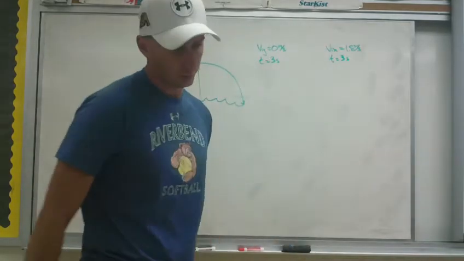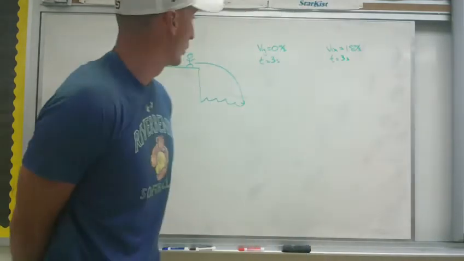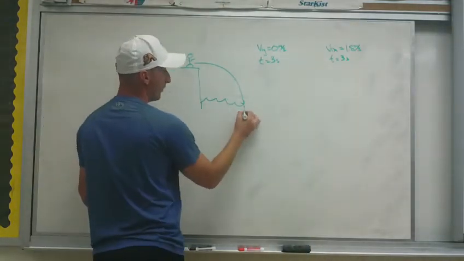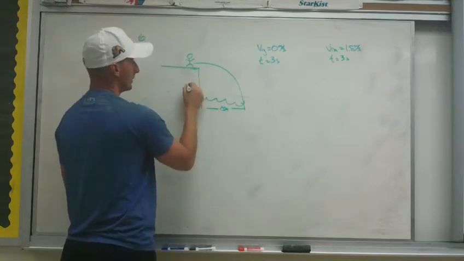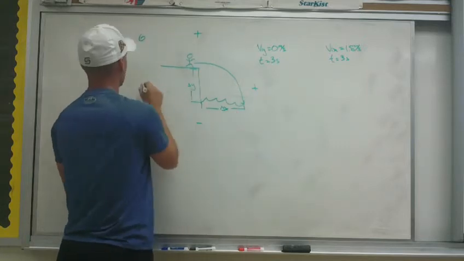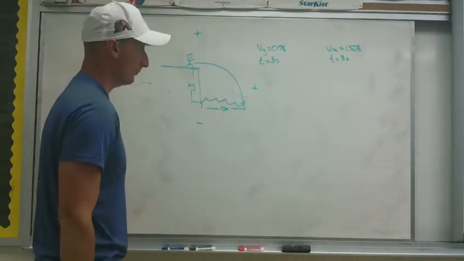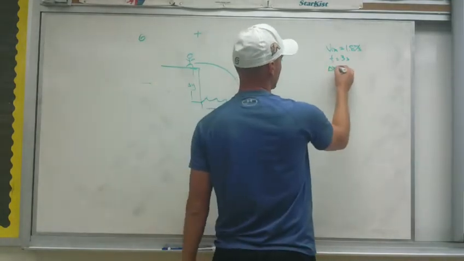It gives 3 seconds? Yes, 3 seconds. So we want to know how far, delta x, and how high, delta y. Positive, positive, negative, negative. How far is really easy. We only have one equation. You're looking for delta x.